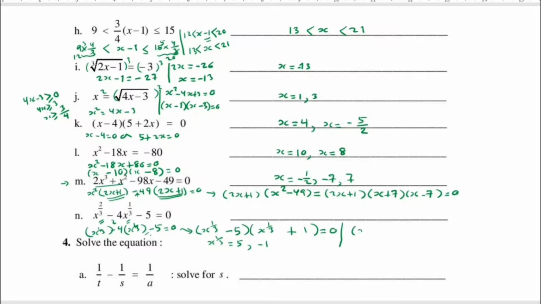So you take power 3 on the left and power 3 on the right. So what values do you get? You get h is 5 to the power 3, which is 125. Negative 1 to the power 3 is negative 1. Two solutions. Alright.